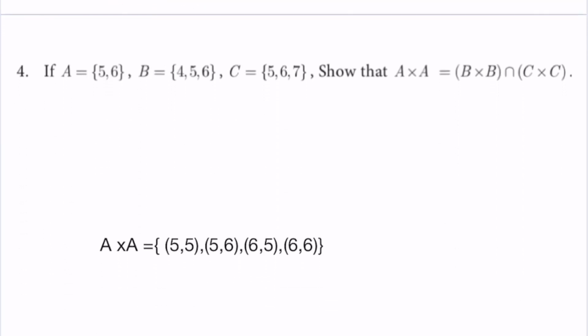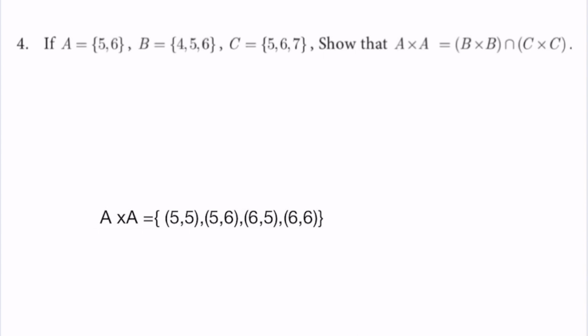Now let us solve sum number 4. It is given A is equal to 5, 6 and B is a set with elements 4, 5 and 6 and C is a set with elements 5, 6 and 7. Now we have to find A cross A, which is on the left side of the given equation.